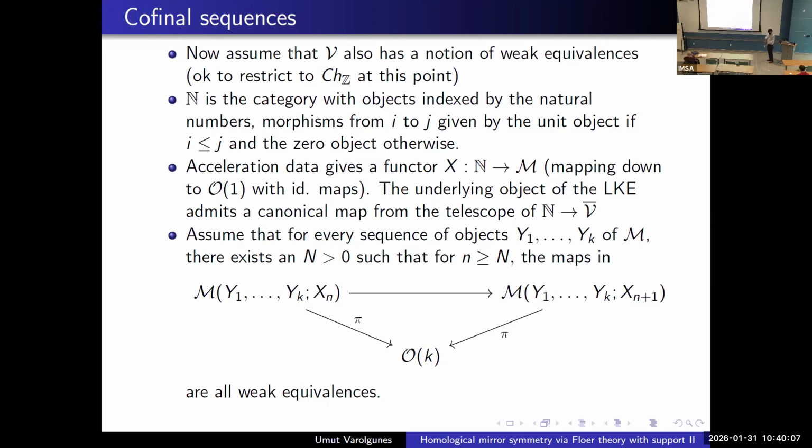The extra choice should be just an auxiliary choice that is up to homotopy unimportant.